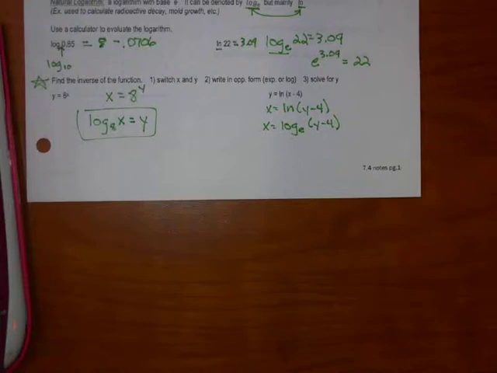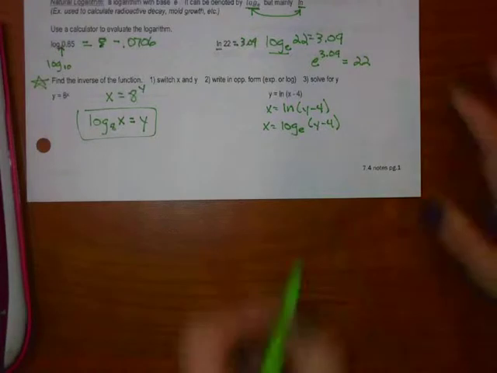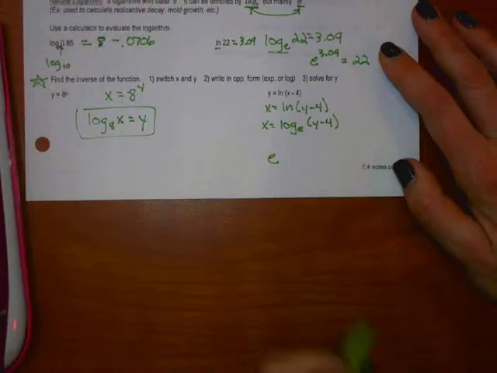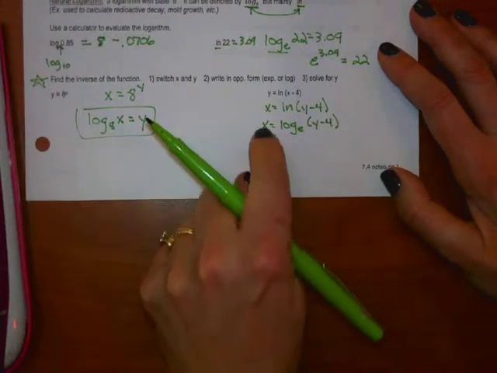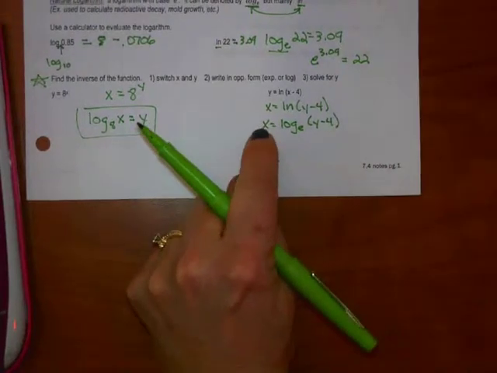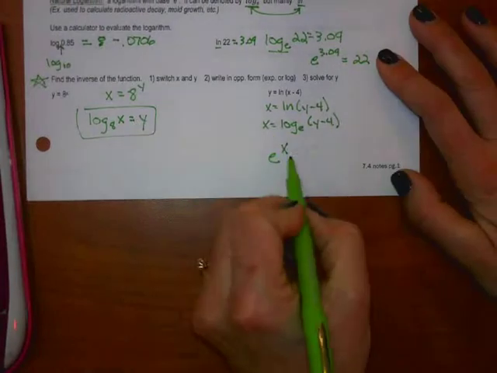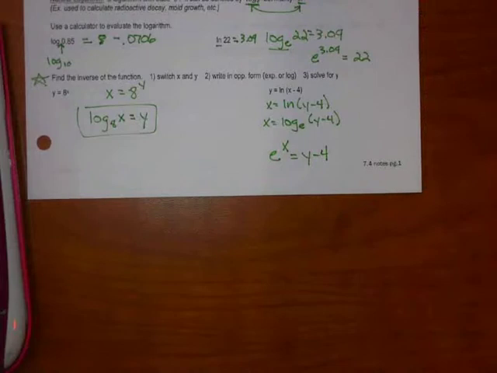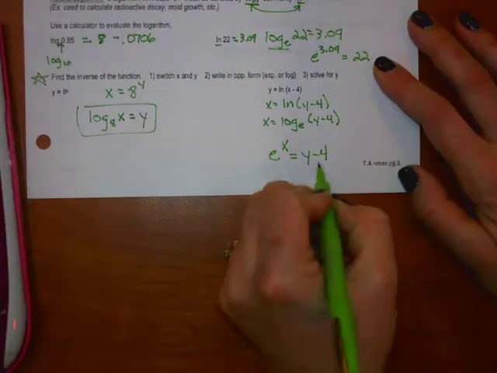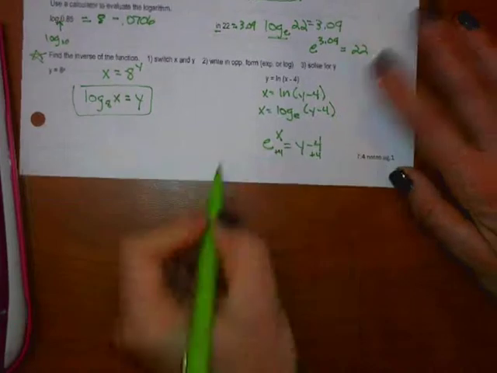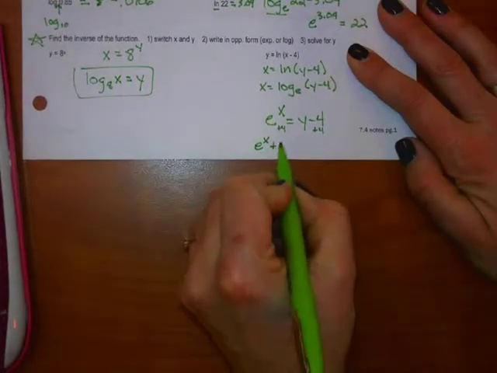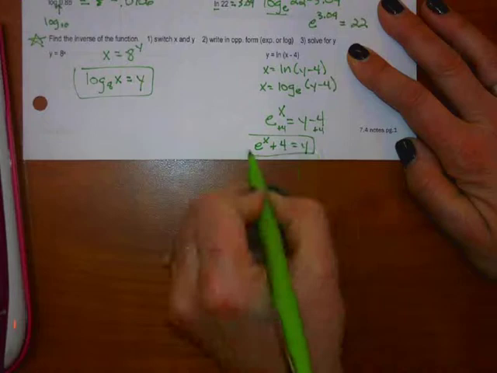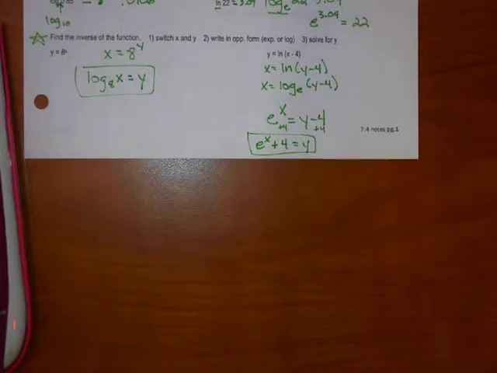What's the base of my power? It's e, right? Okay, what's the exponent of my power? x, because the log function puts out the exponent. And that equals this stuff. Now I need y by itself, so what would be the last thing? Add 4 to both sides. And it just looks like this. e to the x plus 4 equals y. And that's the inverse.